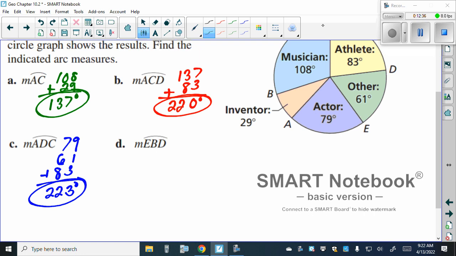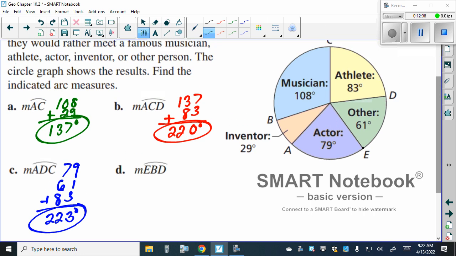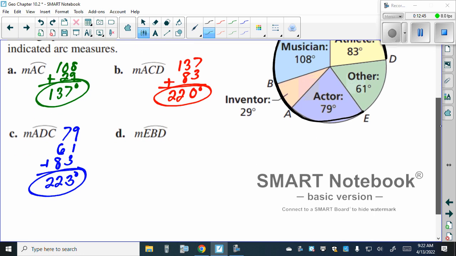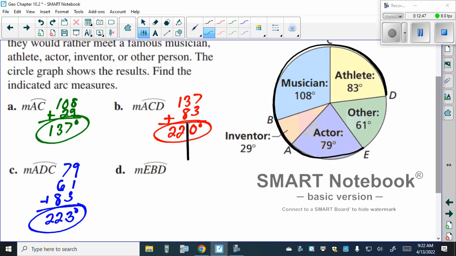And lastly, we have AE. Everything except for what? Other. So how can we get to this? Yes. I mean, there's different ways we can get to it. ADC kind of covered that way. ACD did cover everything except for actor.